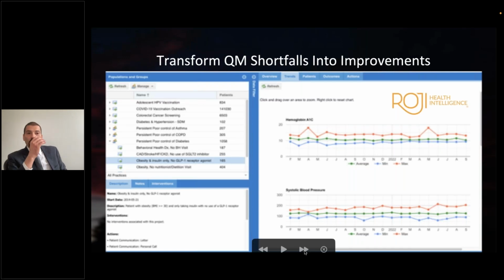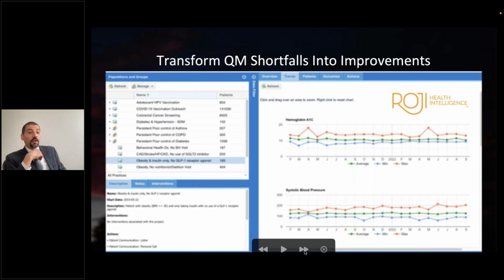So, screenshot here from some of our analytics where you can look at how those quality measure shortfalls can be turned into improvements. So you're looking at patients who have a certain condition, and there may be something additional with that condition.